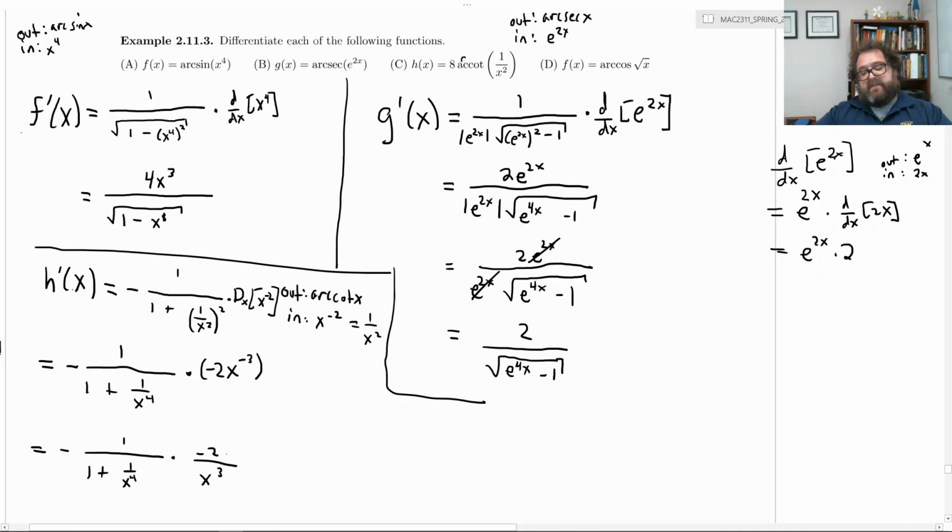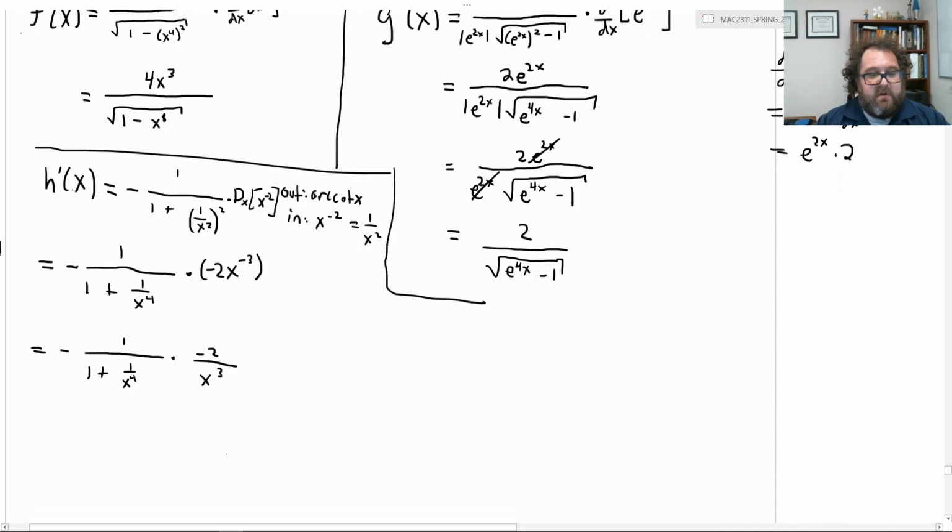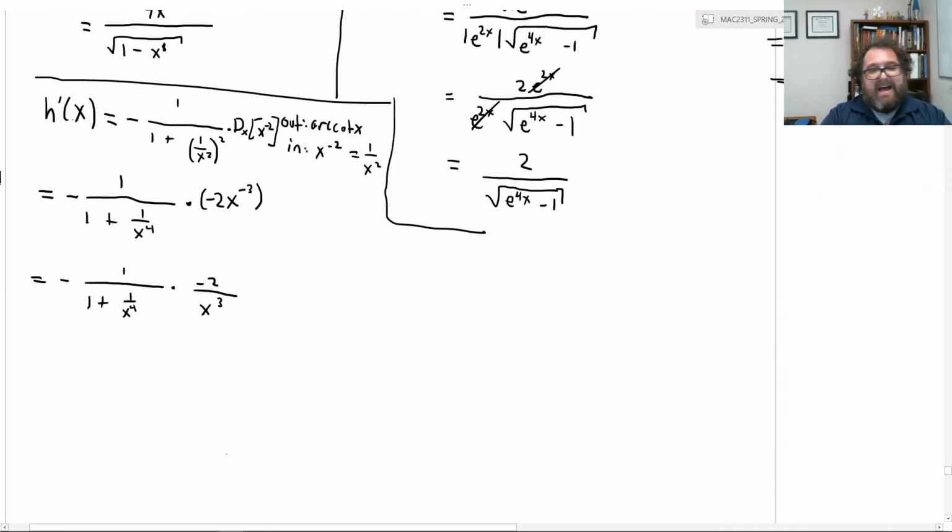Now there's different ways to handle this. First I'll multiply. When you multiply 2 fractions, you multiply numerators, multiply denominators. So I have negative 2 times negative 1 on the numerator. That's giving me a 2. Now I have x cubed times that set of parentheses, so I need to distribute. 1 times x cubed is just x cubed.